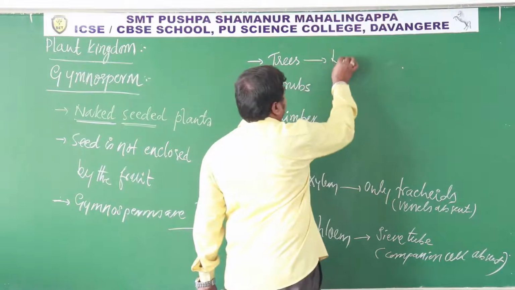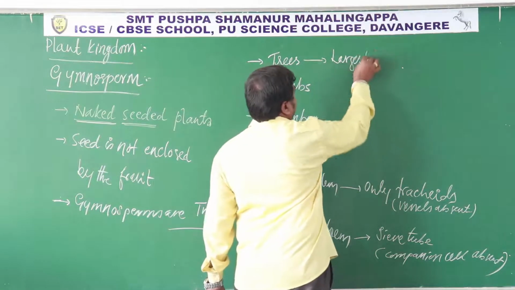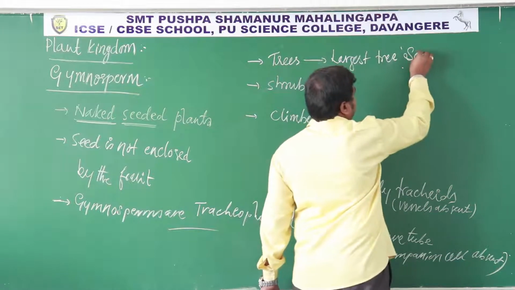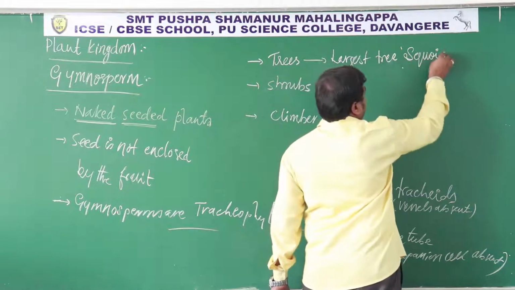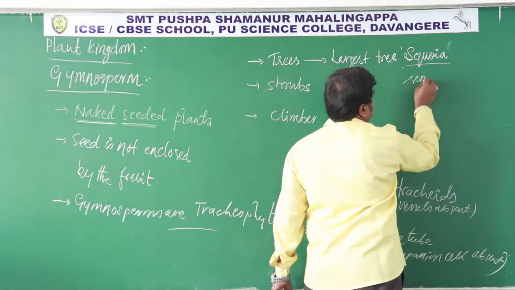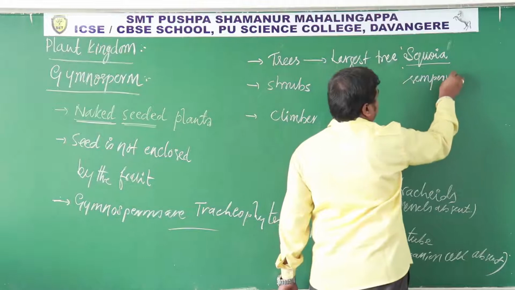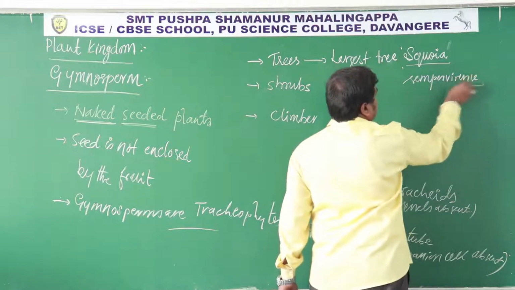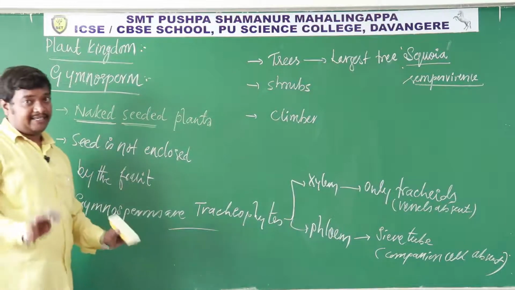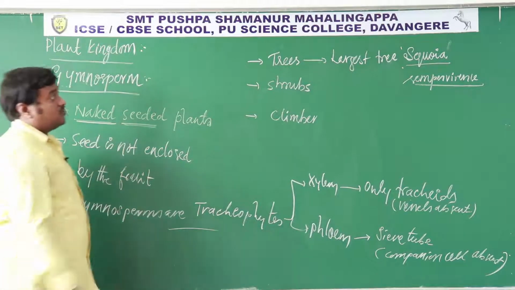The largest tree is called Sequoia sempervirens. Sequoia sempervirens is the largest tree in the plant kingdom, and it belongs to gymnosperms.